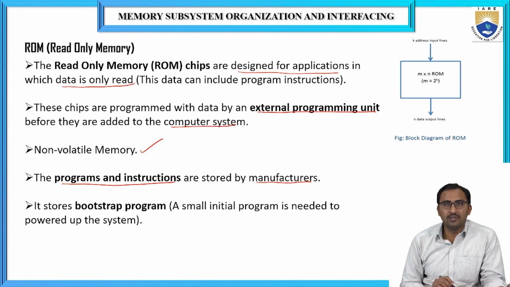Also, suppose you consider any home appliance like a microwave oven, refrigerator, or washing machine. These are all different home appliances. Inside a microwave oven, there is a ROM. In that ROM, the program corresponding to the working of the microwave oven is loaded by the manufacturer, and that program will be executed.